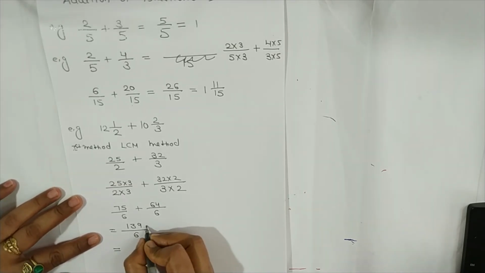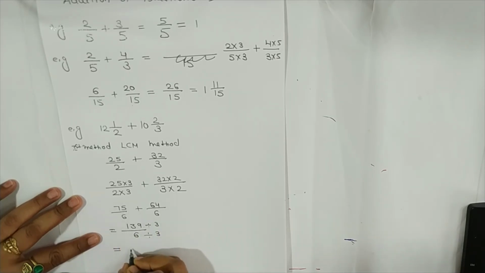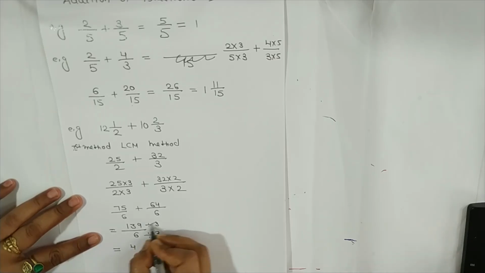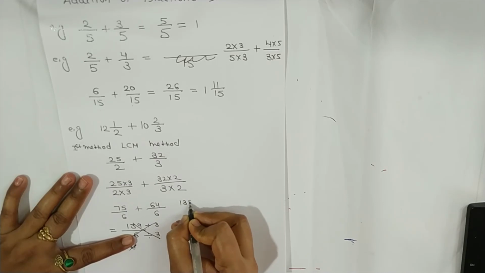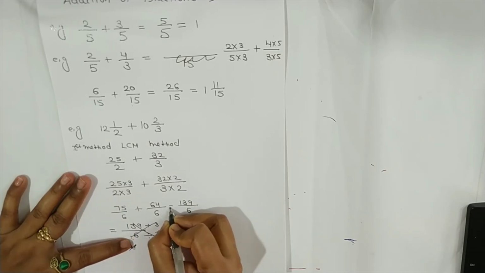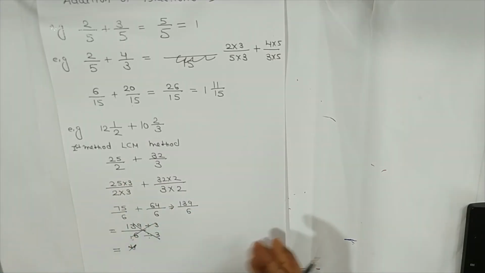Yes, from 3 it can be reduced. So 3 4s are 12. Okay, it can't be reduced, sorry. So the answer is 139 upon 6. Now you have to convert it into a mixed fraction.